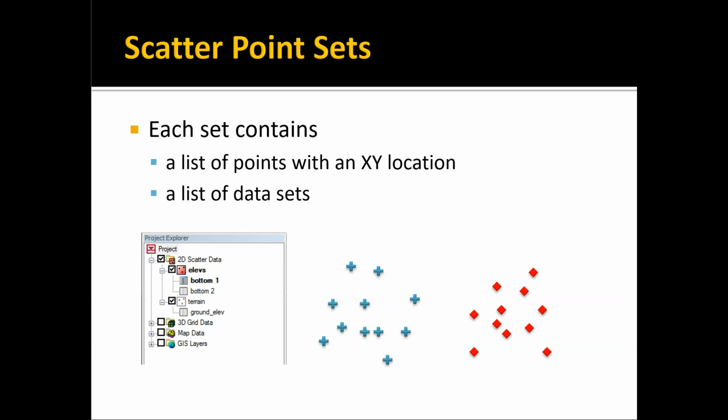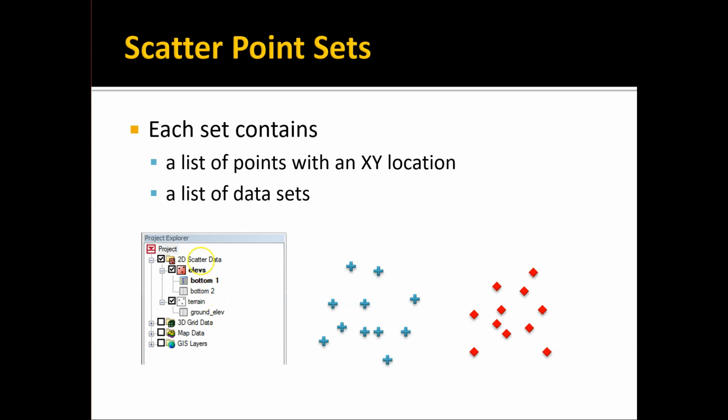So this would be similar to attributes in a feature class in ArcGIS. And so what's shown here in the Project Explorer window is two different scatter point sets. One called ELEVs, and it has two data sets associated with it, bottom 1 and bottom 2. And then there's another scatter point set called terrain that presumably is used to represent the ground surface, and it has a data set called elevation.